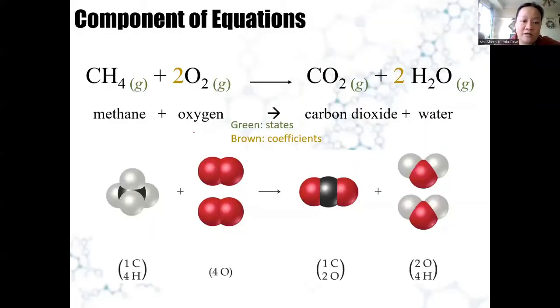Actually, I forgot to mention that this one, CH4 plus 2O2 equals CO2 plus 2H2O, is called the chemical equation. This one, methane plus oxygen will be carbon dioxide plus water, is called the word equation.